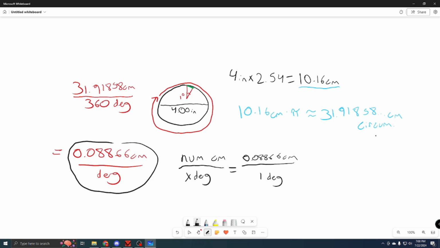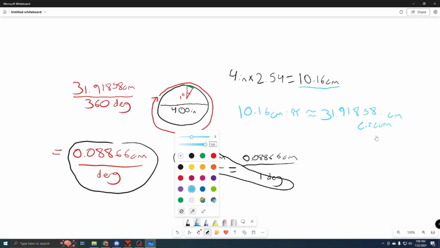Now this should be familiar to everyone. You can cross multiply. Some people call it the butterfly method, right?